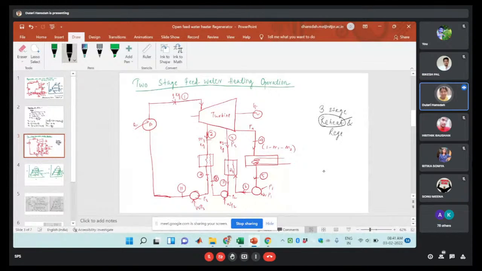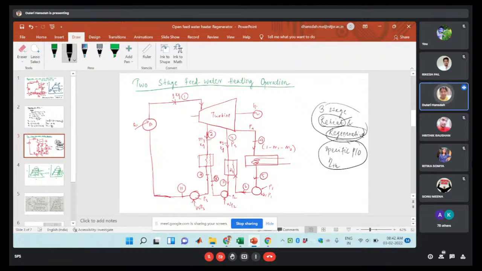In the regenerative cycle, we are reducing the fuel consumption, and so indirectly increasing the thermal efficiency. If you use both together, your specific power output will increase, and your thermal efficiency will increase. So the overall efficiency of the plant will increase by using these two methods.